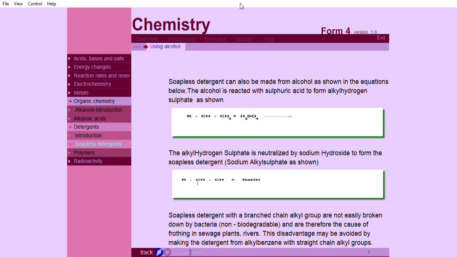Soapless detergent can also be made from alcohol as shown in the equations below. Step 1. The alcohol is reacted with sulfuric acid to form alkyl hydrogen sulfate as shown. Step 2. The alkyl hydrogen sulfate is neutralized by sodium hydroxide to form the soapless detergent, sodium alkyl sulfate, as shown.